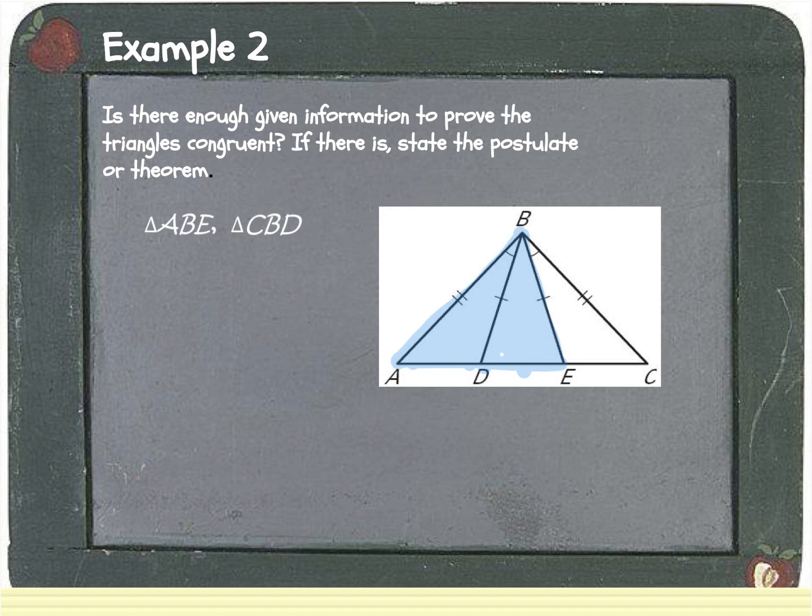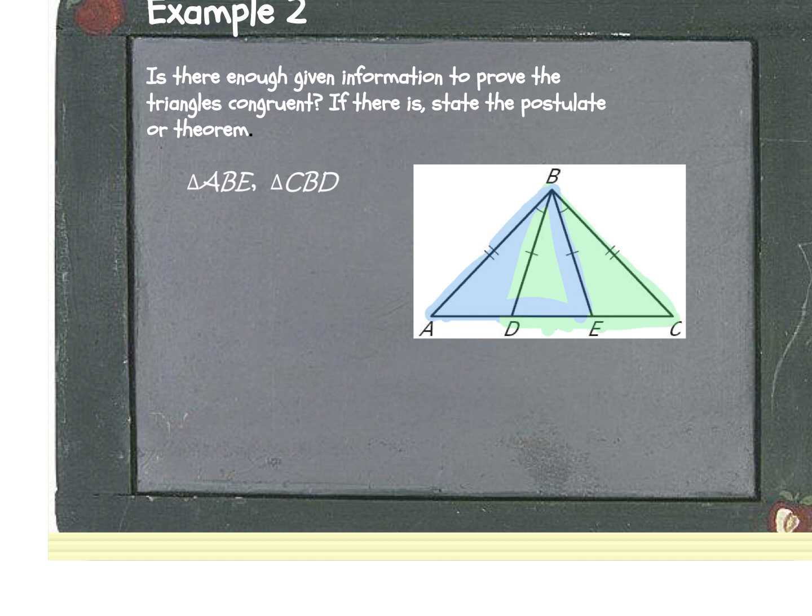And then they also want us to see if it's congruent to CBD. So this triangle right here. Okay, they're overlapping and we're trying to state if these triangles are congruent. So I'm actually going to draw them separate because it kind of looks weird if I highlight it.